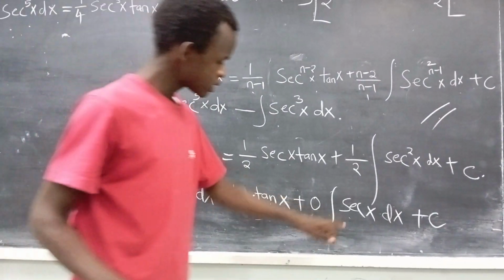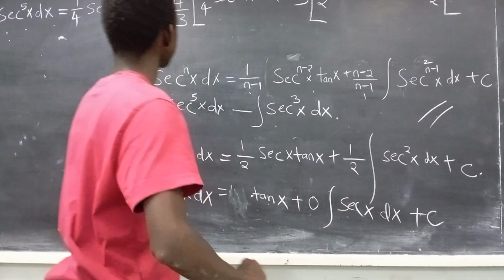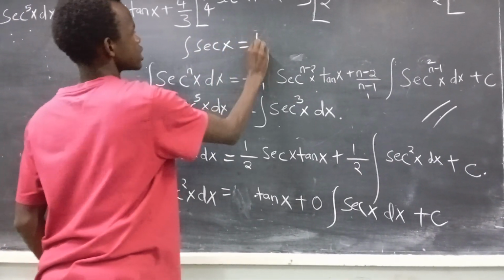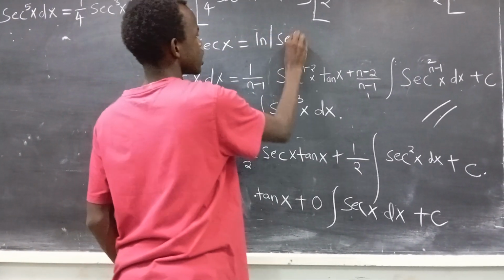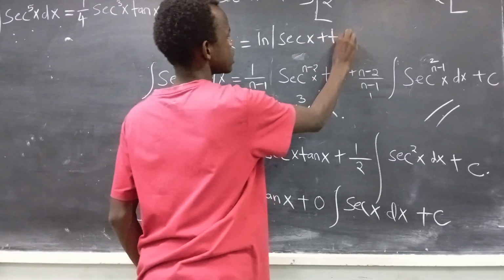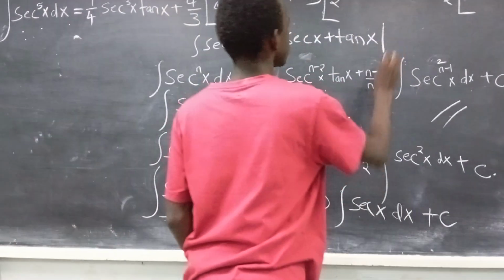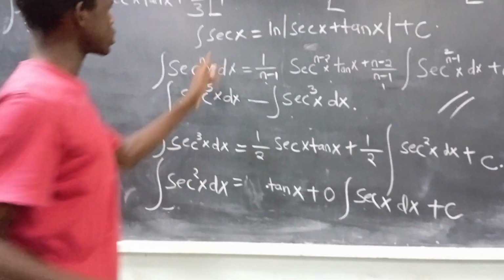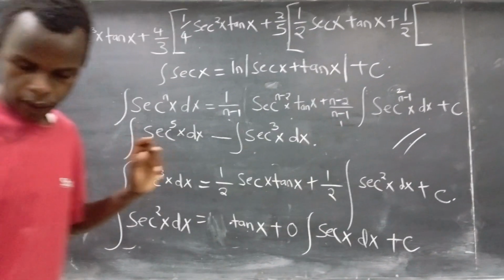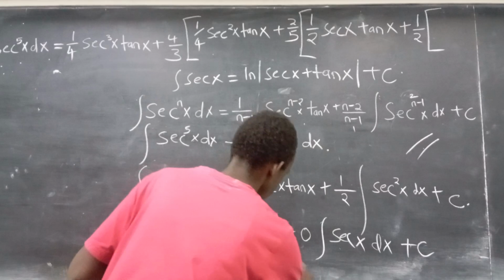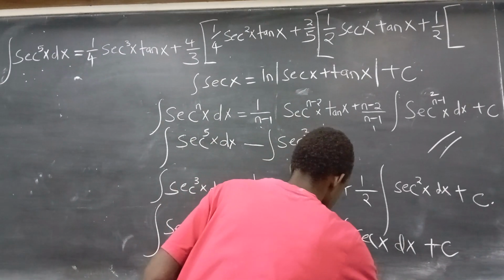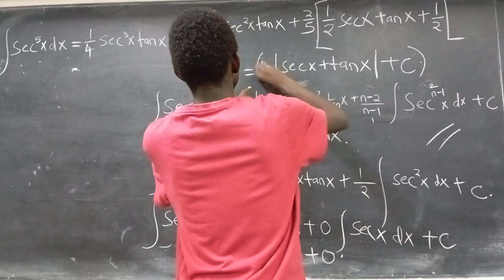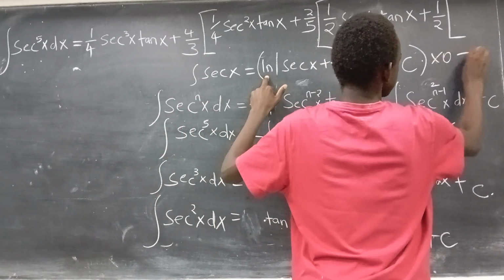So what's secant of x? Secant of x we saw from our last videos, the integral for secant of x is the same as ln of secant of x plus tangent of x plus c. But for this case, it will be 0 multiplied by this part, so this expression multiplied by 0, so it just be 0.